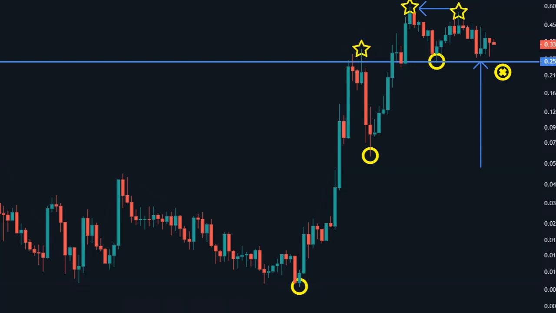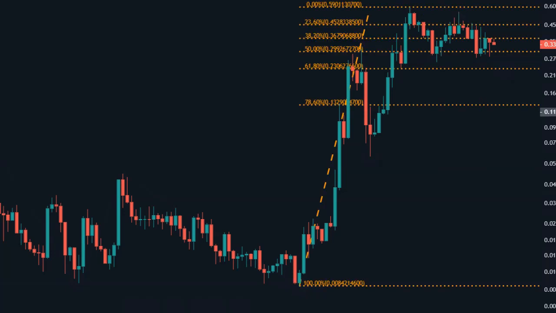Moving on to our Fibonacci. Let Mr. Professor Fibonacci tell us what he has to say. If we take this low from the end of 2019 and this high from May of this year when Unibright had its highest point, and apply Fibonacci levels, we can see that the price loves to hover around the 50% retracement at around 30 cents.